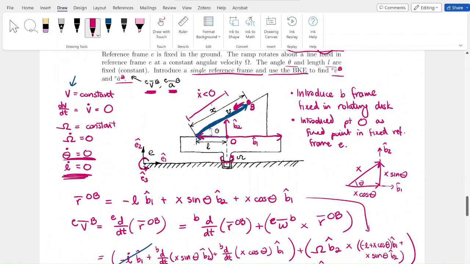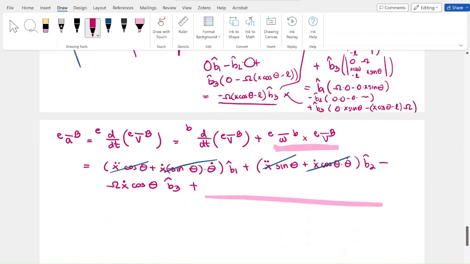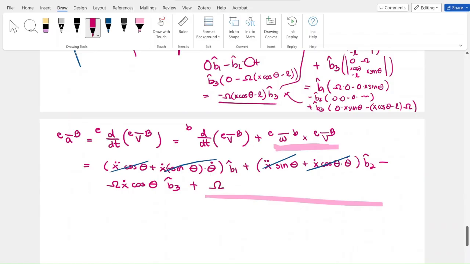Again, you can try curling your fingers in the direction of this rotating thing, and your thumb should be pointing in the B2 hat direction because it's rotating into the page. So we had found that before to be omega B2 hat, crossed with your velocity vector.